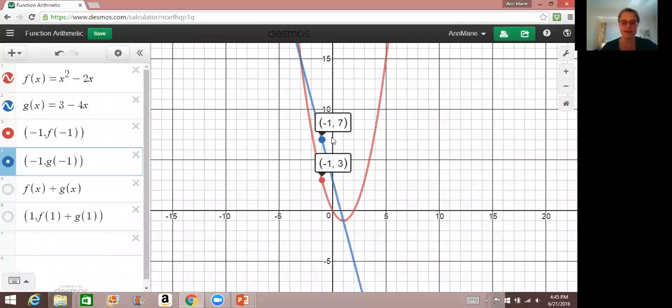So f of -1 is 3. And g of -1 is 7. So if I add those two together, I'll have 10. And that's what this point gives. Whoops, wrong one. Sorry. That's what this one gives me.